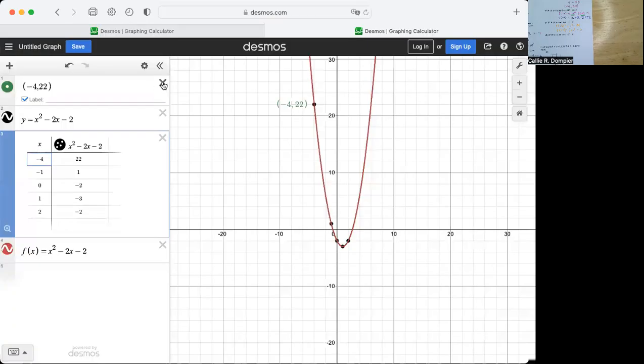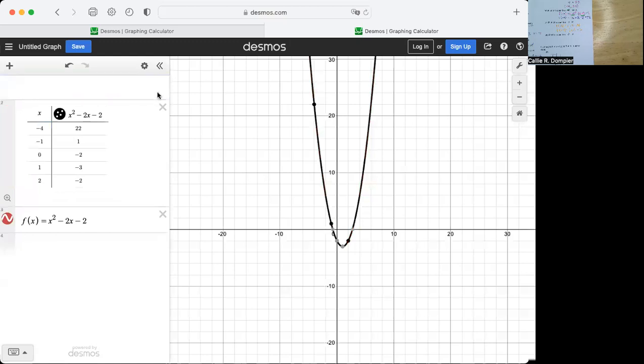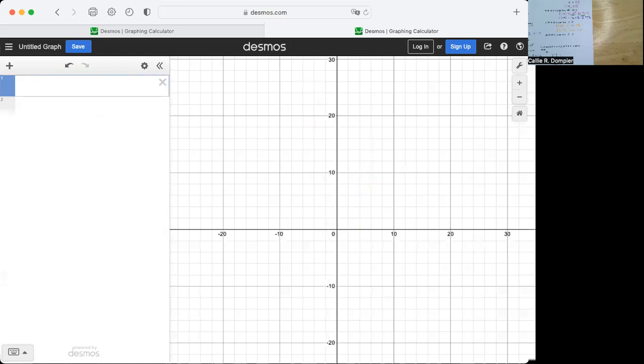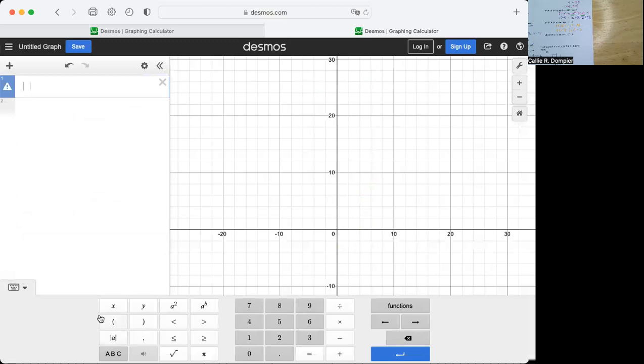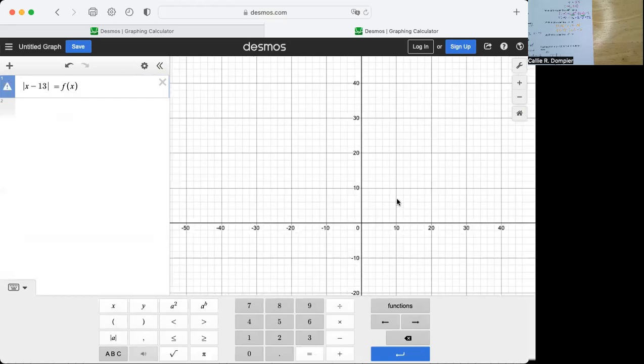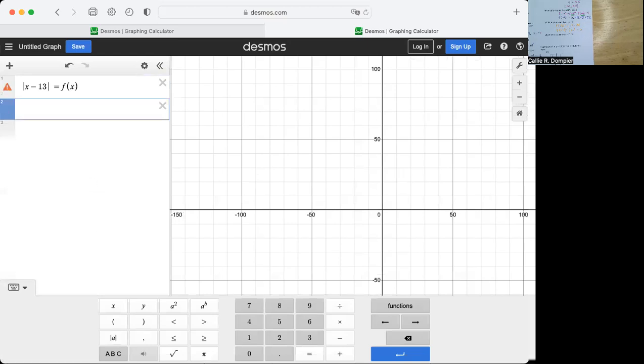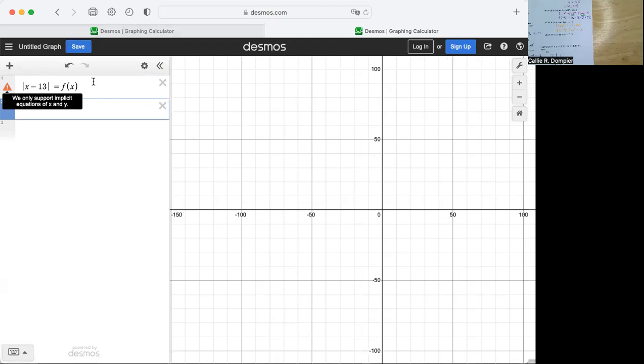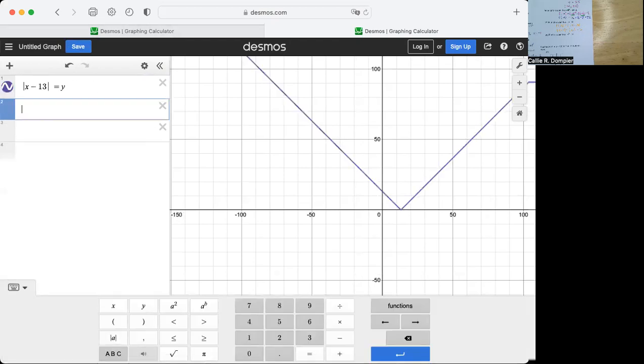Again, you can check it on your graph. The absolute value of x minus 13 equals y, and is the point when x is 19, y is positive 6?